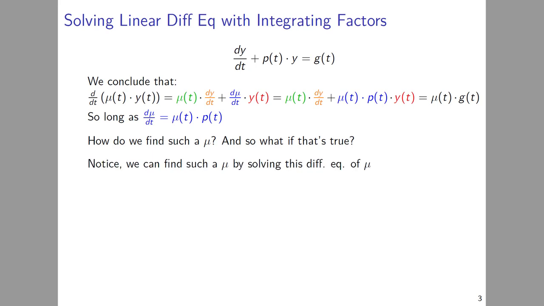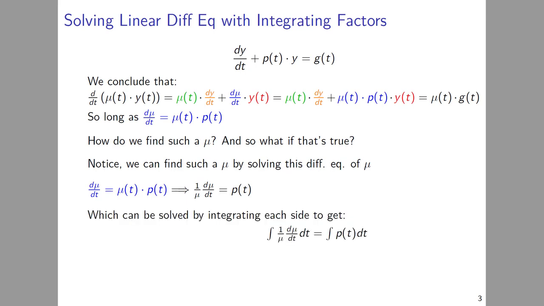So we can find mu by solving this differential equation of mu, which we can do by dividing by mu on both sides. So we have 1 over mu times d mu/dt is equal to p of t, which can be solved by integrating both sides, and on the left using the substitution rule as we did before. So we have the integral of 1 over mu d mu is equal to the integral of p of t dt.